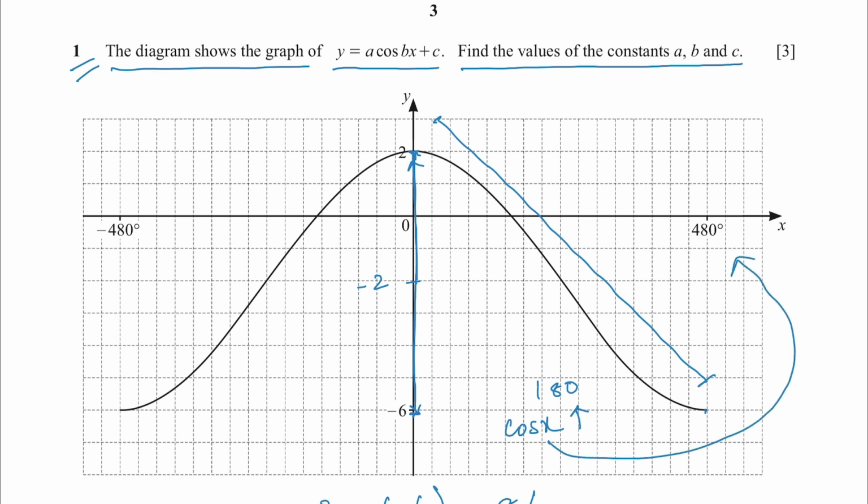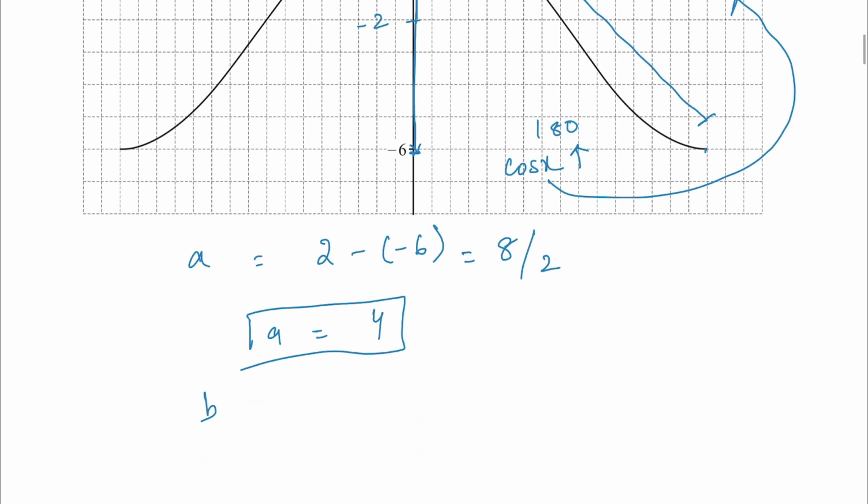But in our graph, it's 480 degrees. So the original graph is 180, and here we are given 480. Solving and getting the ratio, 6 3s are 18 and 6 8s are 48. So this would be 3 over 8. We have our b as 3 over 8.